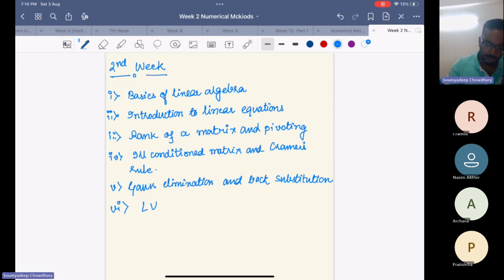Then we will see LU decomposition way of solving a matrix.